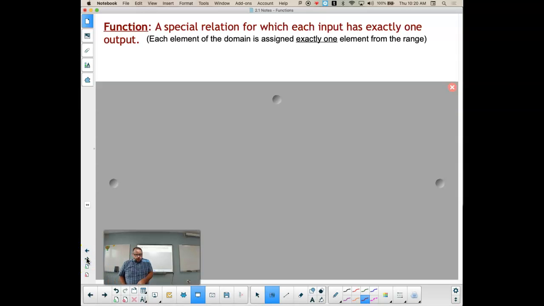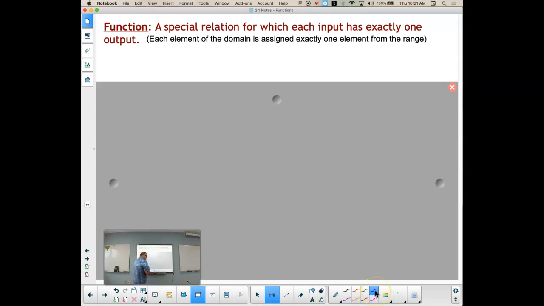Let's talk functions now. A function is a special relation for which each input has exactly one output. Each element of the domain is assigned exactly one element of the range.